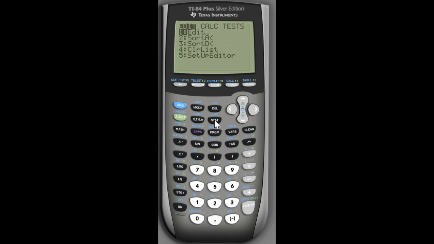Alright, so we go stat test, and we're doing a z-test. And now we're going to use statistics, not data. We're testing against a mean of 58,000. Sigma, we're told, is 8,400, right? The sample mean that we got there was 59,170.